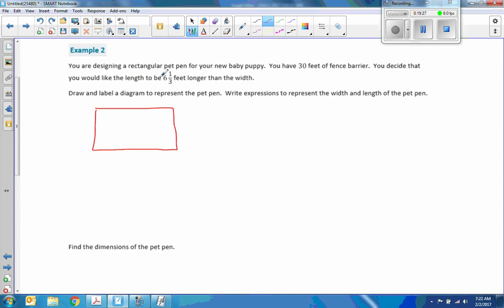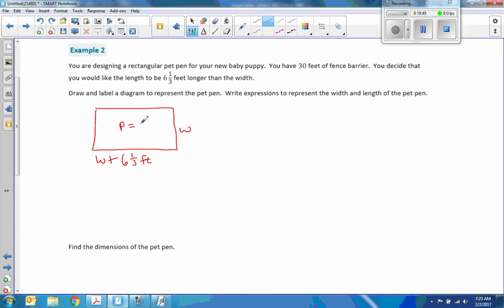You decide that you would like the length to be 6 1/3 feet longer than the width. So the width plus 6 1/3 feet. You have 30 feet of fence barrier. So that's perimeter.